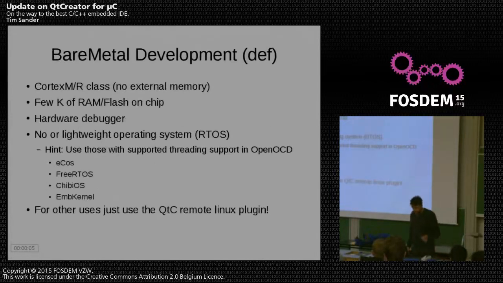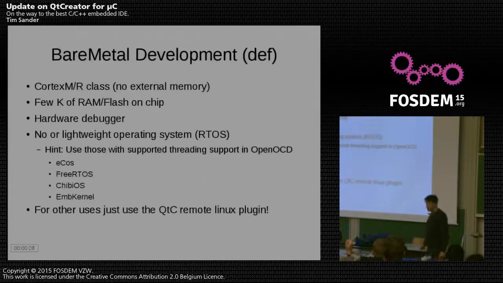So, yeah, what's BareMetal development anyway? It's for the small class chips. The main chips on the market are the ARM Cortex-M or R class devices. I think they are the most popular.